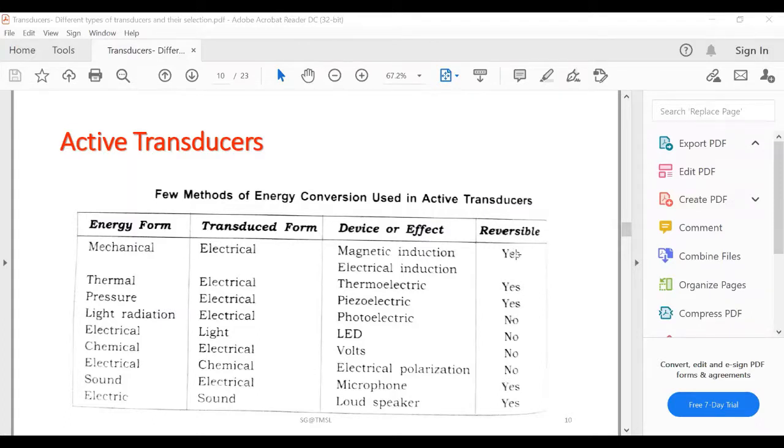The same type of effect applies for electrical induction. Thermoelectric and piezoelectric are also reversible. But photoelectric, LED, and electrical polarization are not reversible. Microphone and loudspeaker are reversible.